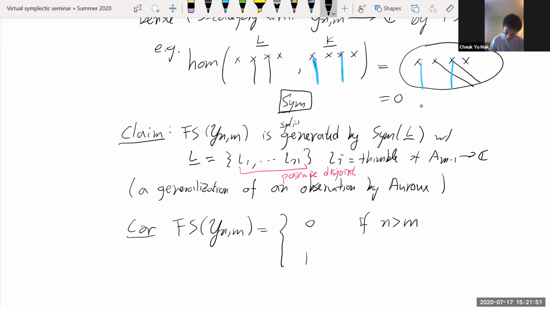And it is generated by a single thimble if n equals m.